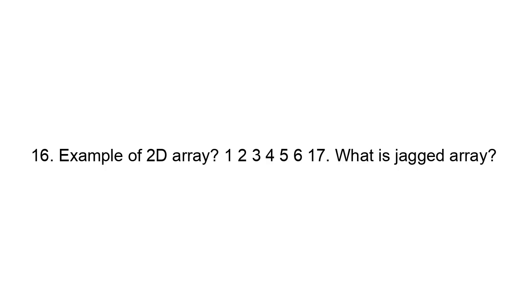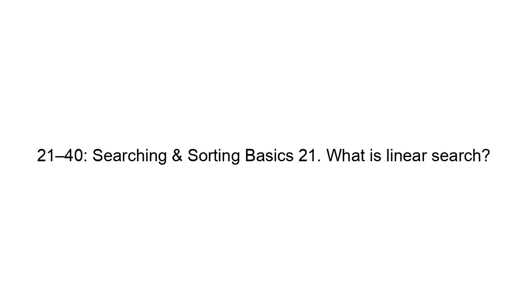What is jagged array? Array with different row sizes. 18. What is array overflow? Adding elements beyond capacity. 19. What is array underflow? Accessing empty structure. 20. What is advantage of arrays? Fast access, simple implementation.